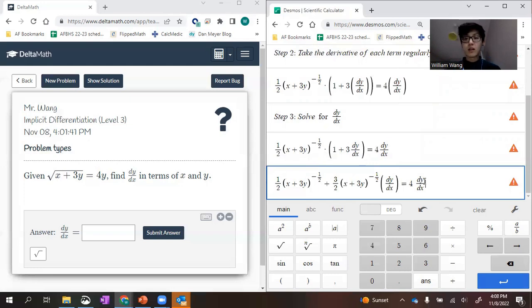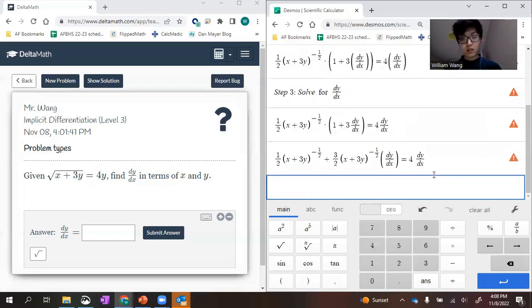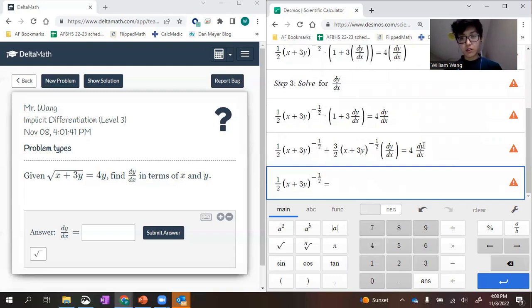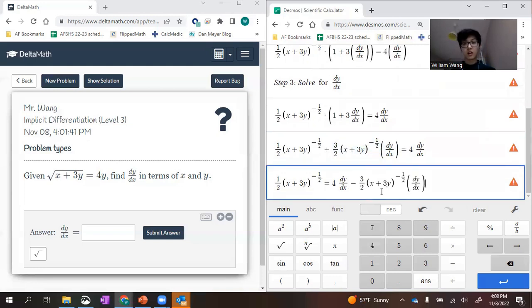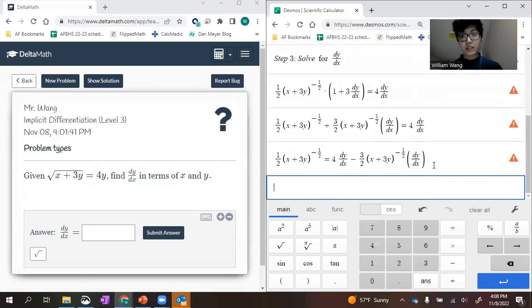All right. Now I actually have a clear dy over dx term, so I'm going to move this to the other side by subtracting it. So I would have just this term is equal to then 4 dy over dx minus this whole thing. All right, cool. Now I have all the dy over dx terms on one side.